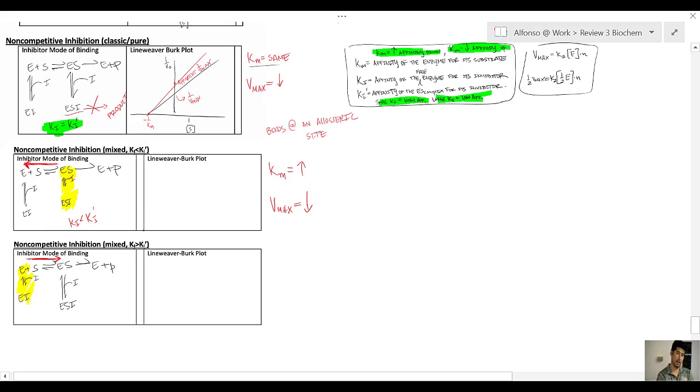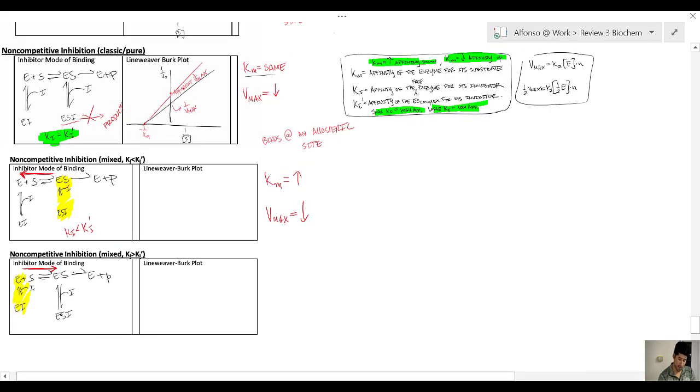And over here to this one where Ki is greater than Ki prime, that means that the enzyme substrate complex is more likely to bind the inhibitor than the free enzyme, which is what you see over here.